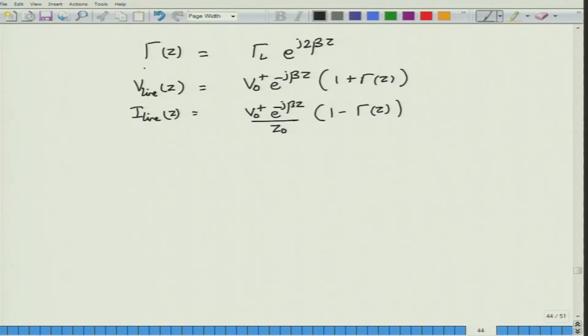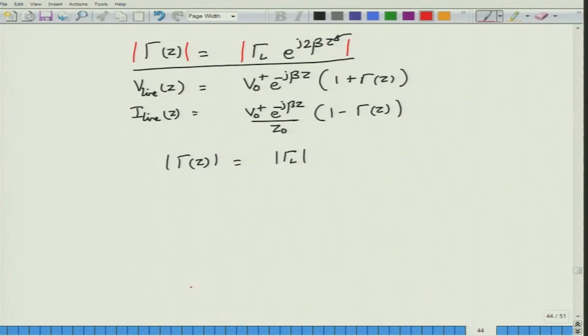Okay. Look at this gamma of z. If I imagine that z is varying in this expression, what would happen to gamma of z? Clearly gamma of z is varying, but what will happen to the magnitude of gamma? The magnitude of gamma will be equal to the magnitude of the reflection coefficient at the load itself, because when you take the magnitude, you will see that the magnitude of e to the j 2 beta z will go away.